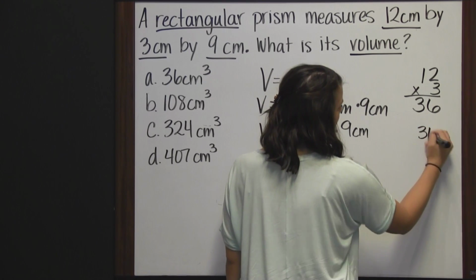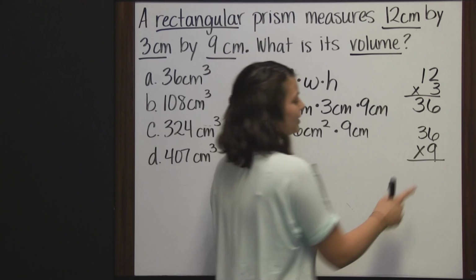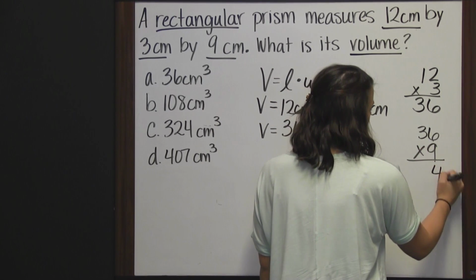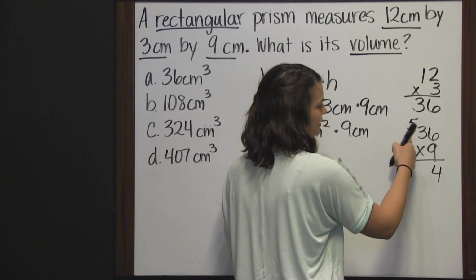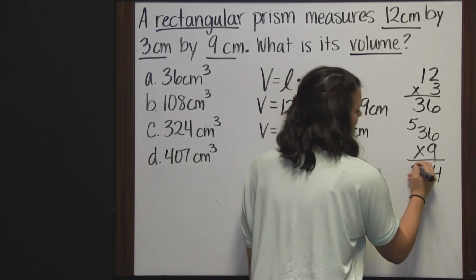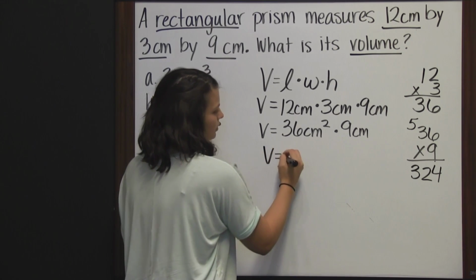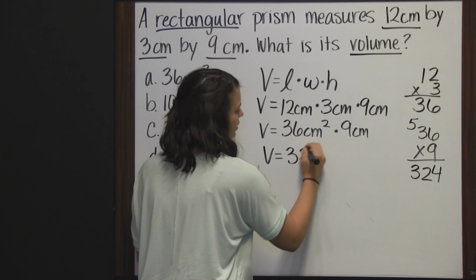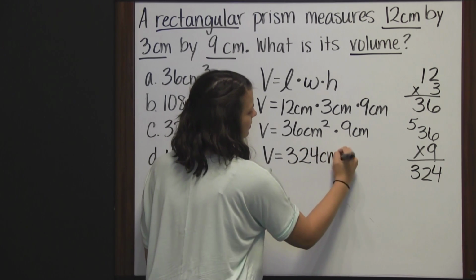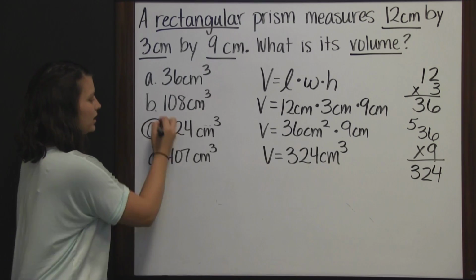So then you could take 36 times 9. 9 times 6 is 54. 9 times 3 is 27, plus 5 is 32. So 36 centimeters squared times 9 centimeters is 324 centimeters cubed, which is answer choice C.